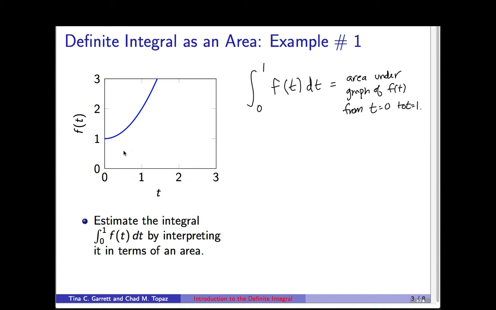On the picture, we know that t equals 0 is right here, t equals 1 is right here. So we're interested in estimating the area under the blue graph between t equals 0 and t equals 1. In this particular instance, I haven't told you exactly what the function is. You only have a picture, and all you can do to estimate the integral is to estimate that area.